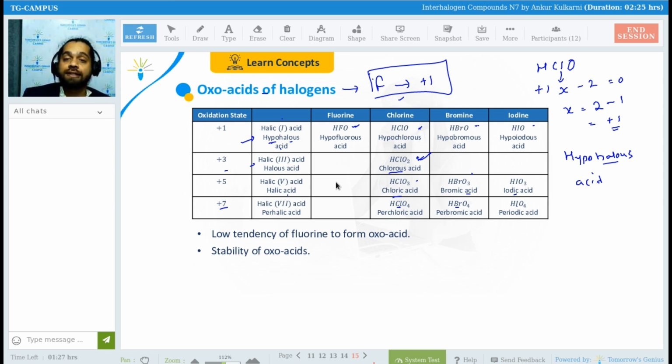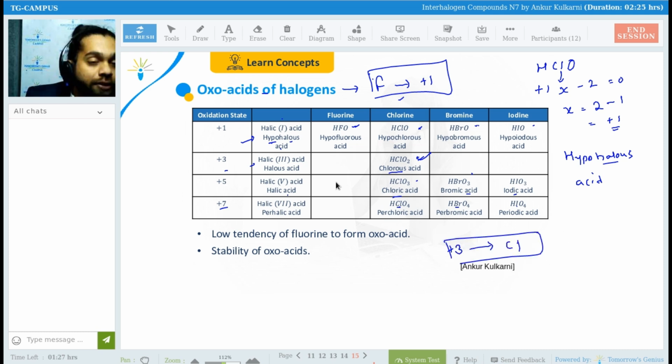Similarly, for +3, you have only one element or one acid, that is chlorous. So for +3, you have only one element, that is chlorine. Fluorine is only present in +1, and in +3, only chlorine is present.